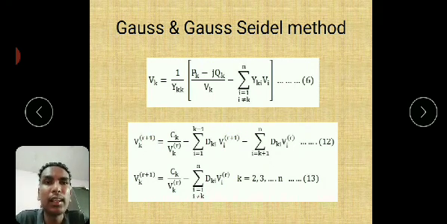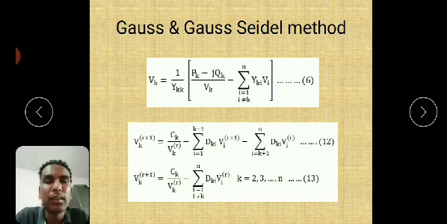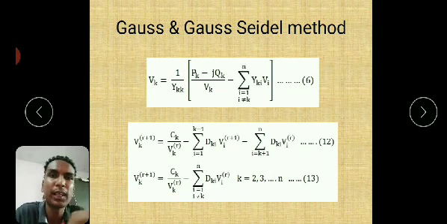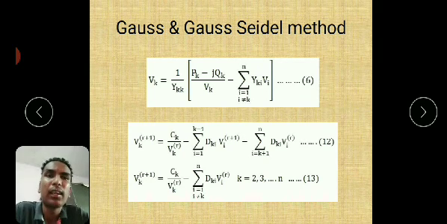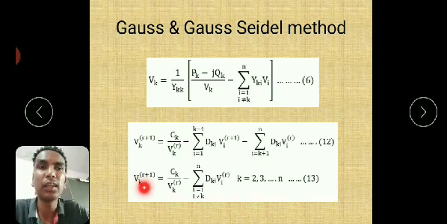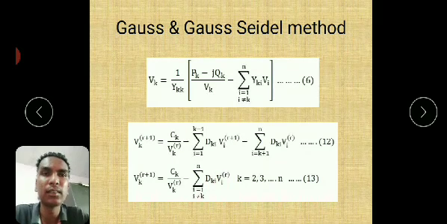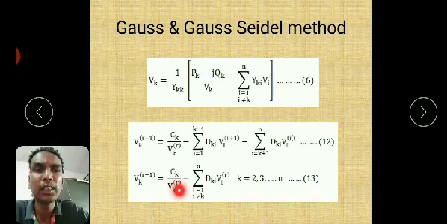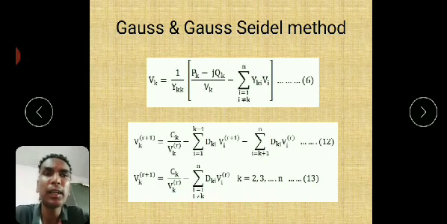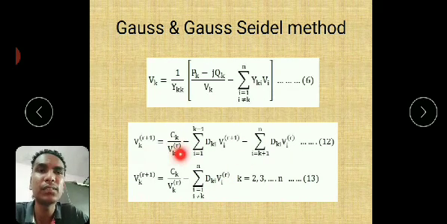So in the Gauss method, let's assume we are solving a 3 bus system. If we calculate for bus number 1, and then calculate V2, we just put 2 in every k value. Here for V2 we put Vi from the previous assumption, that is 1 per unit.